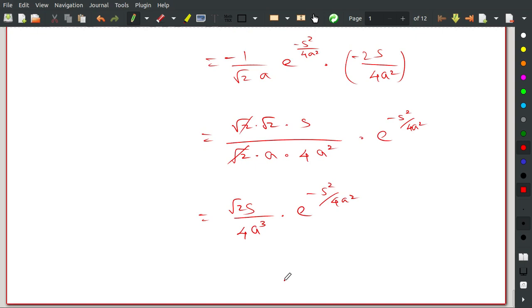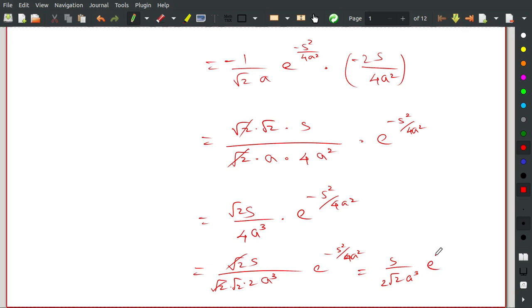If we need, we can further simplify this by making this 4 as 2 into 2, so root 2 s divided by 2 into 2 a cube of e power minus s square divided by 4a square, and this 2 can be written as root 2 into root 2, and we can further simplify this, and we have s divided by 2 root 2 a cube e power minus s square divided by 4a square.